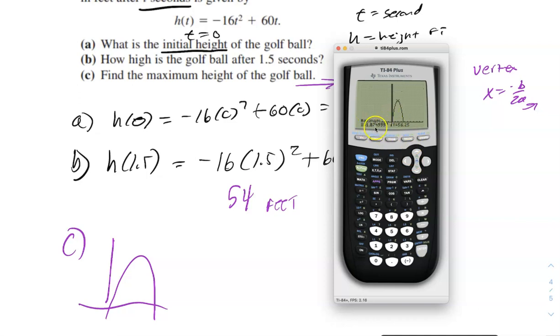It happens at about 1.9 seconds, but the max is 56.25. So I'll put a little point here that says 1.9 and 56.25. So our max height, which is the y value, is 56.25 feet. And there we go.